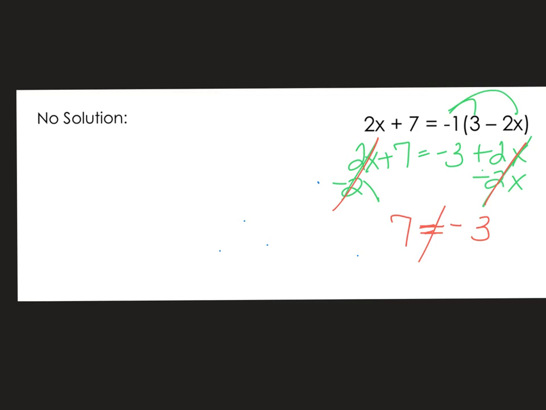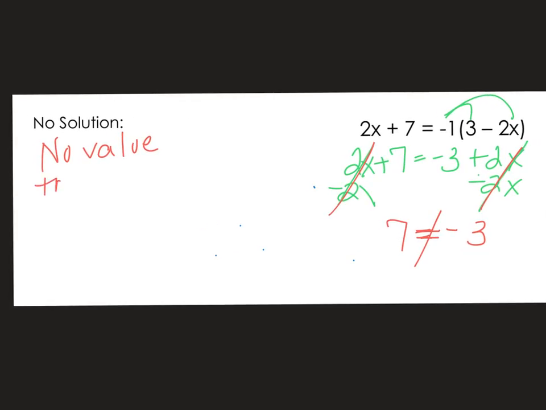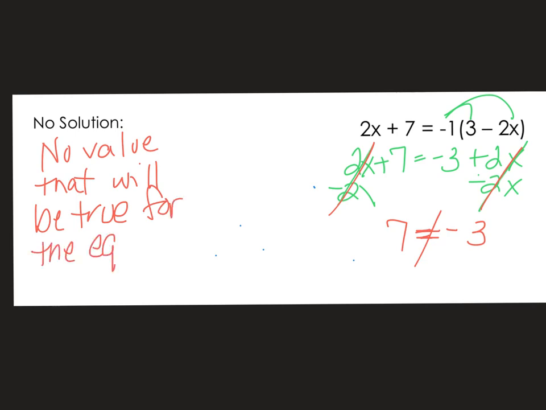This means that there is no value that will be true for the equation. So none of the values will be true. My handwriting is awful. I apologize.